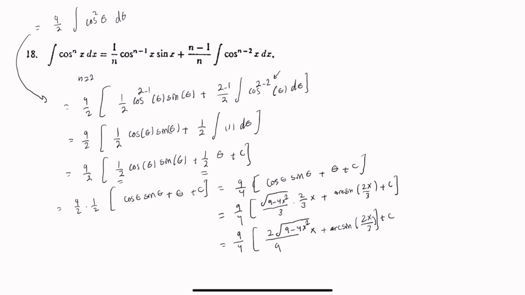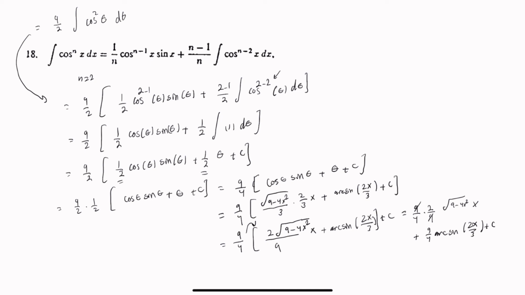Now we can multiply 9 over 4 into the bracket, so that's going to be equal to 9 over 4 multiplied by 2 over 9 of square root of 9 minus 4x squared multiplied by x plus 9 over 4 arc sine of 2x over 3 and then plus the constant. Now notice we can simplify this term.